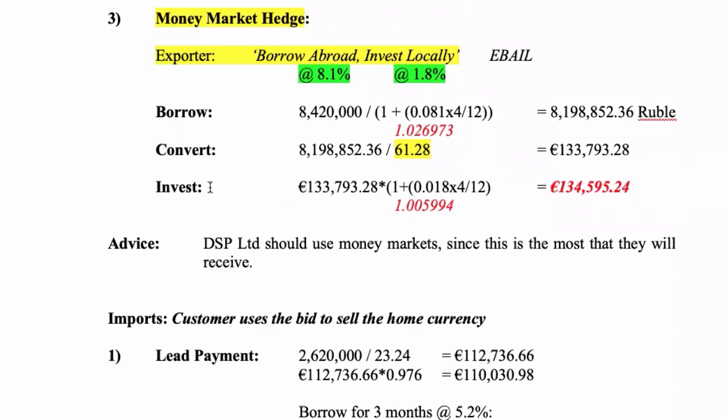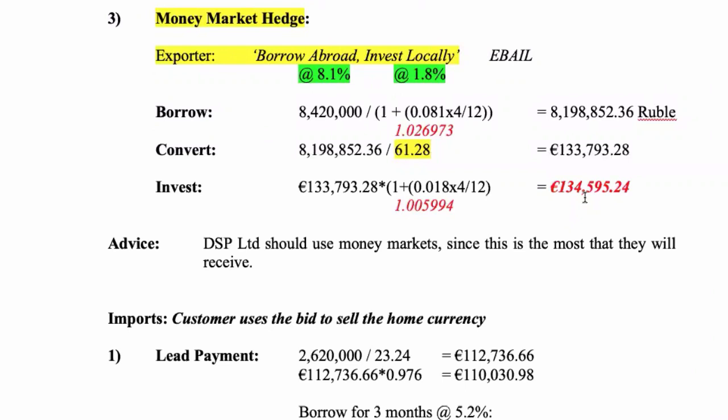And that's what we're doing here. We're investing this money in Ireland. Remember, it's invested locally at 1.8%. That's why we have 0.018 for a 4-month period as well. We added that on to the 1. And because we're investing, we're getting more, so we're going to multiply it. And that gives us the 134,500 euro.